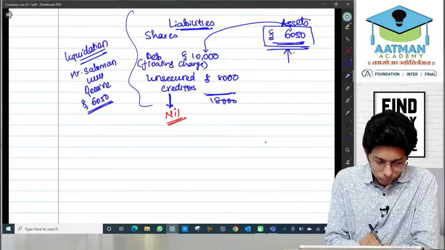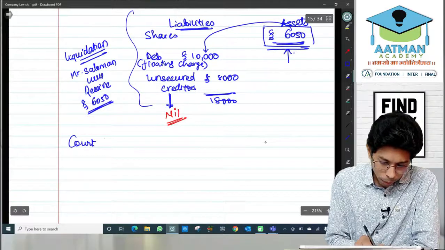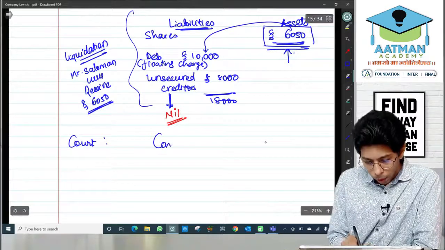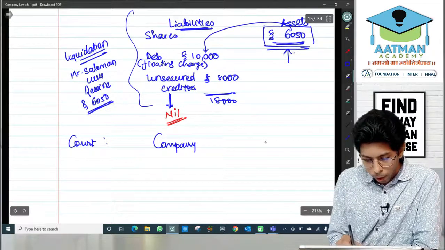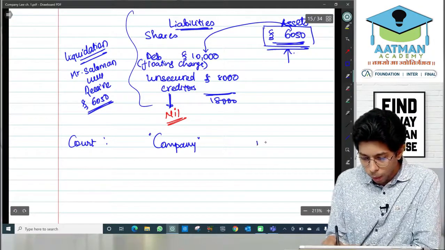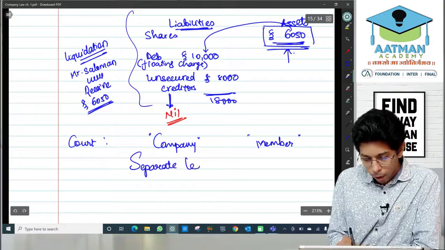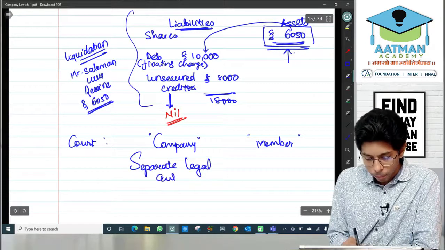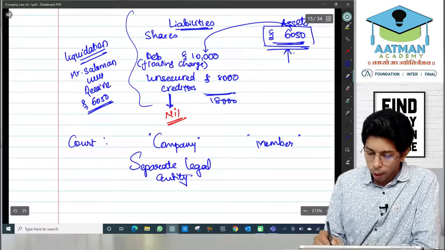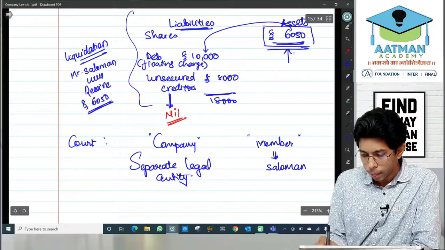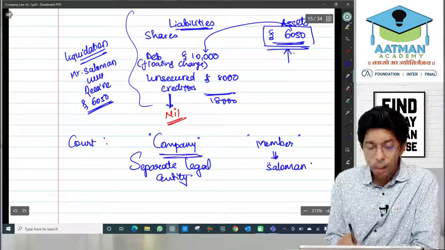Finally, the court has given the verdict. Understand one thing here: the company is different from its members. The company has a separate legal entity. So the member Mr. Saloman is different and the company is different.